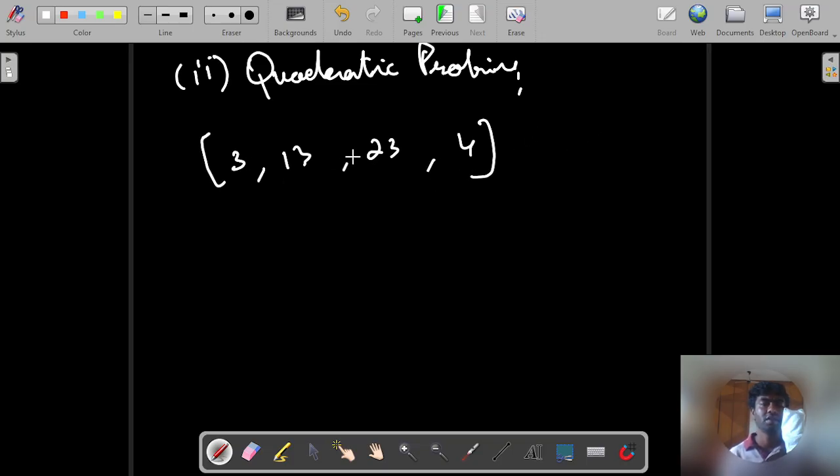So let's say 3 is there. So we have a table size of 10. Still take a table size of 10. So 3 can, 0, 1, 2, 3, 4, 5, 6, 7, 8, 9. So let's consider these values.